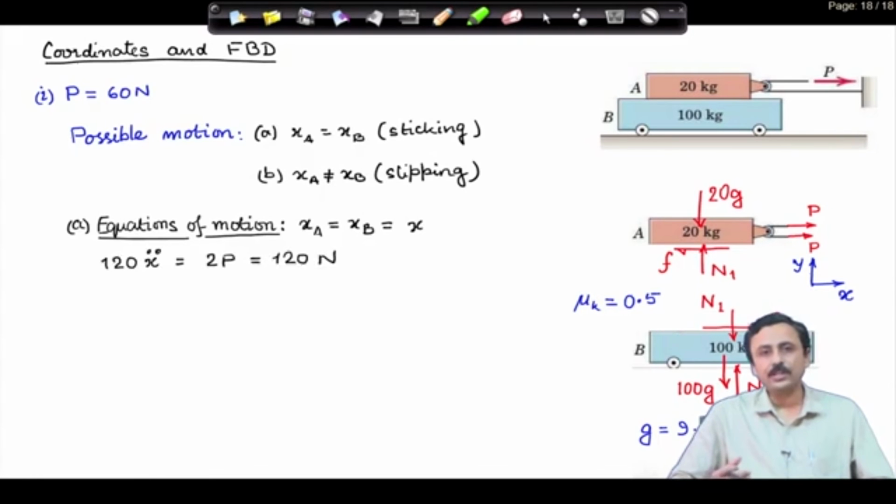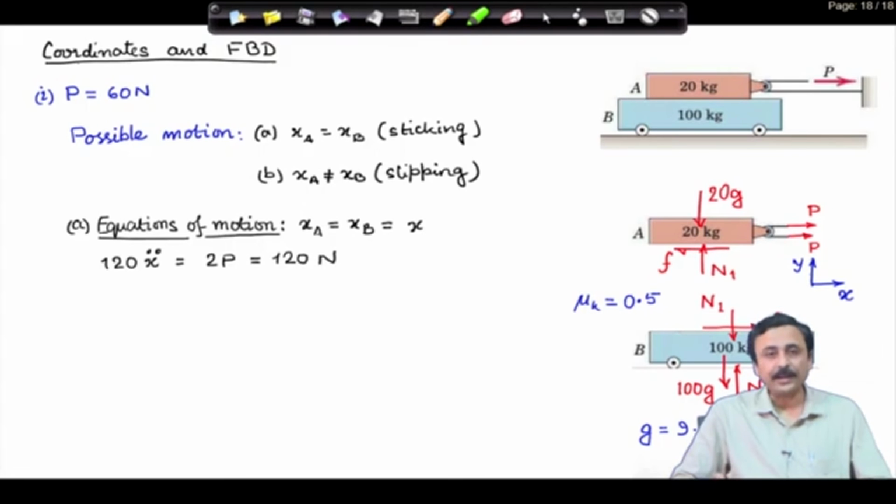Now, I write down the equations of motion of the individual blocks. This is because it is now moving as a whole system, the total mass is 120 kilogram. So, total mass times acceleration of the whole composite block is equal to 2P, that is the only horizontal force, and that is equal to 120 Newton, because P is taken to be given as 60 Newton.